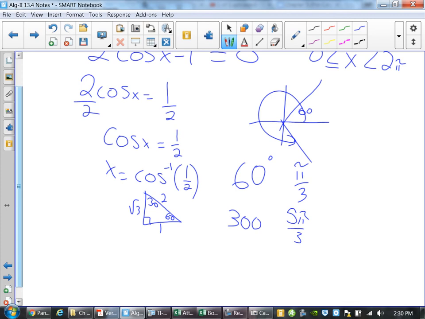So what happens here is that you're going to be able to use the inverse properties, what angle has, and figure out all the possible values of theta or x, whatever it is, within one revolution of the circle. Because there's multiple times cosine's positive 1/2. We'll also talk about it in terms of what's called a general solution, which means there's no restriction on the revolution around the circle.